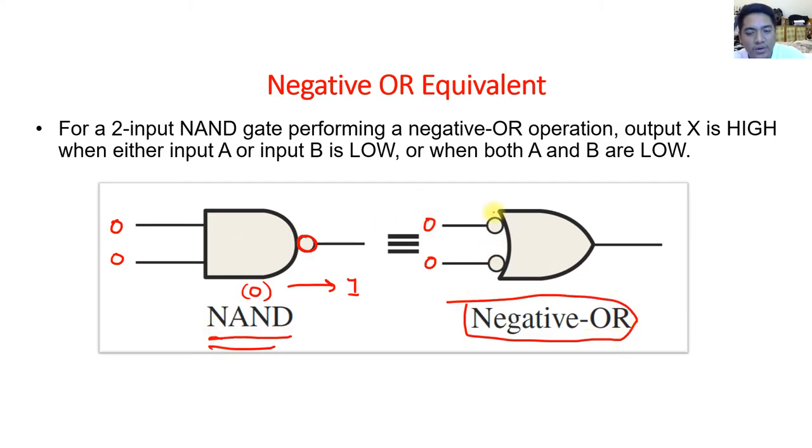We have an inverter here, so it becomes 1 and 1. If we OR 1 and 1, the result will be 1. So they have the same output. If you try all of the combinations of bits, you will find out that the negative OR is equal to the NAND gate.